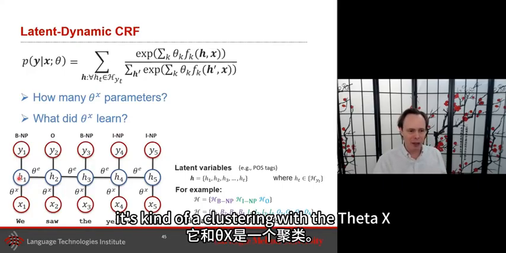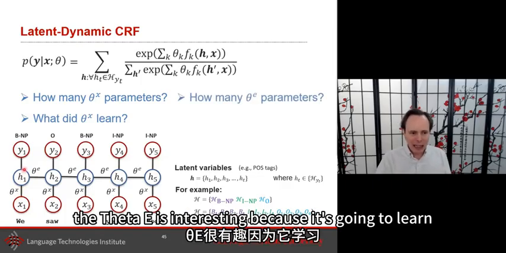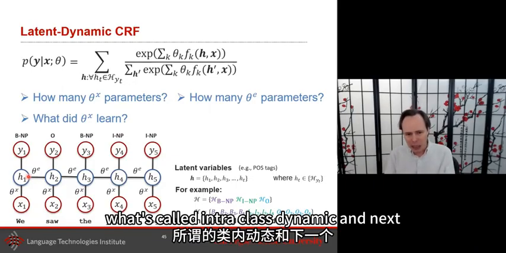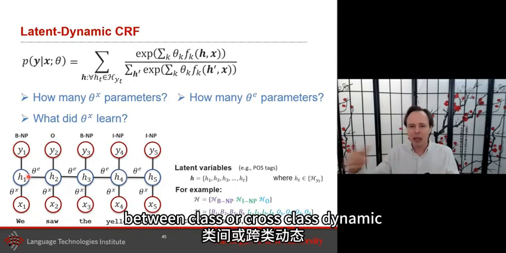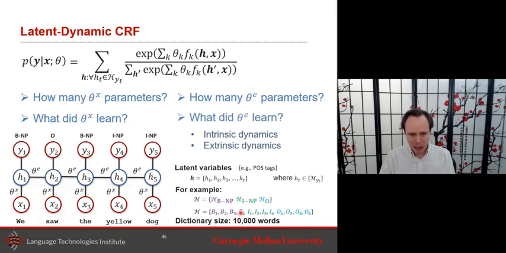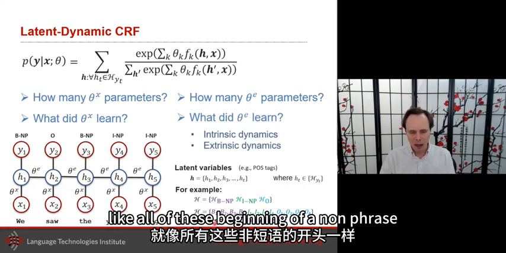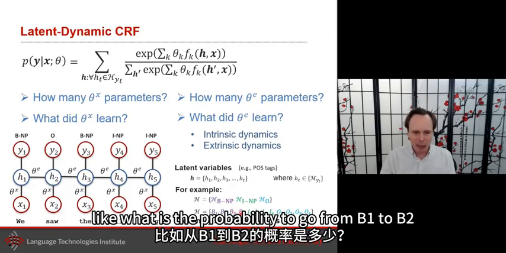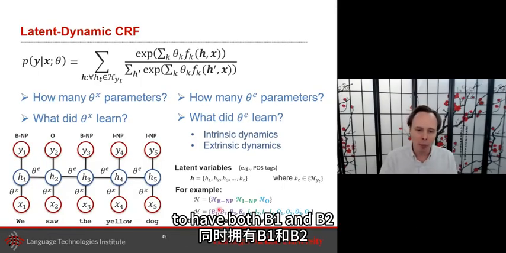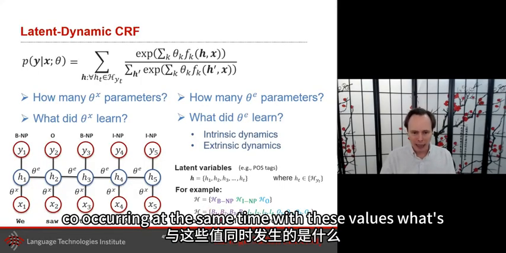It's kind of a clustering with the theta X. The theta E is interesting because it's going to learn 2 different things. It's going to learn what's called intra-class dynamic and between class, or cross-class, dynamic. Within a class, like within all of these beginning of a noun phrase states, what is the probability to go from B1 to B2? Not probability, but what's the potential to have both B1 and B2 co-occurring at the same time?